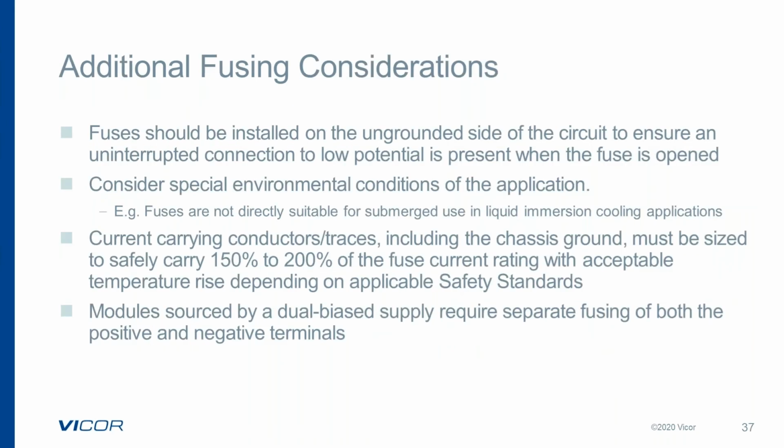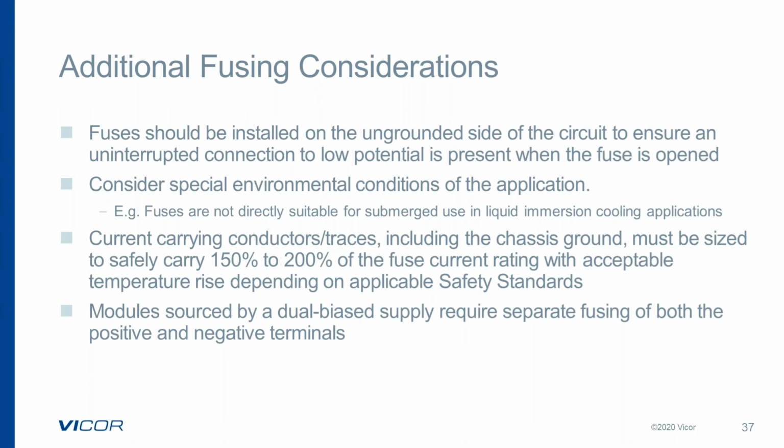Additional fuse considerations. The fuse should be placed in the positive input or the non-grounded side of the DC to DC converter. And the fuse is really there to protect against fire and further thermal damage in the case of a fault. The fuse really isn't there to protect the DC to DC converter, because once the fuse clears, if the fuse is selected properly, something has gone wrong within the system.